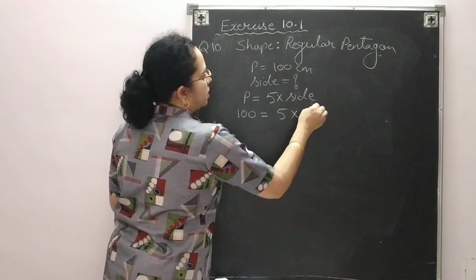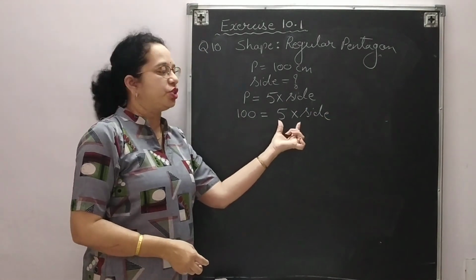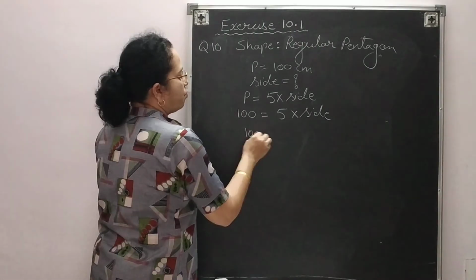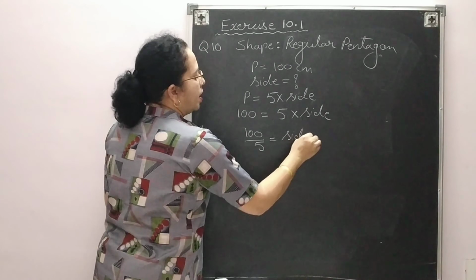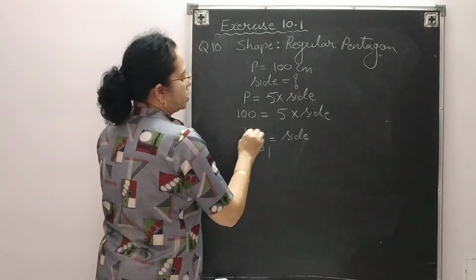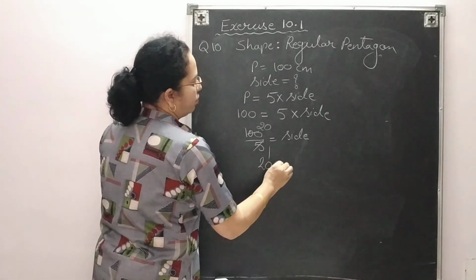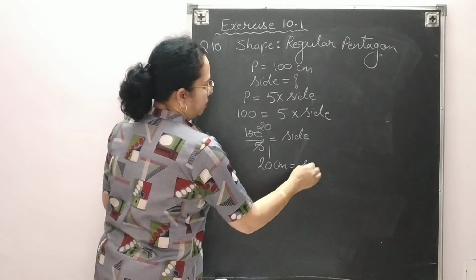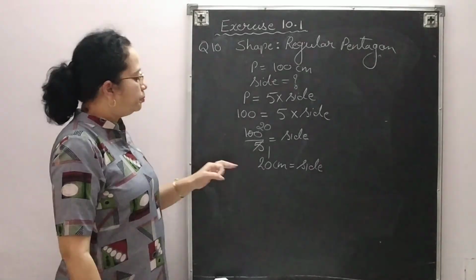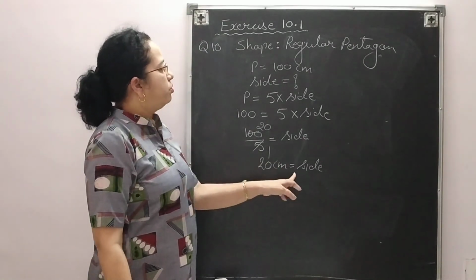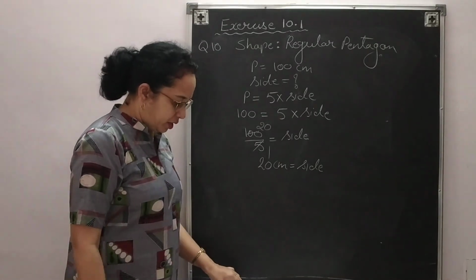Side is in the same place, you need to find out side. 5 is in multiplication, so on the left hand side, 5 will come in division. Now we can cut the numbers. 5 1s are 5, 5 2s are 10. So now the answer is 20. Your unit will be centimeter. So the length of the side of a regular pentagon will be 20 centimeter.